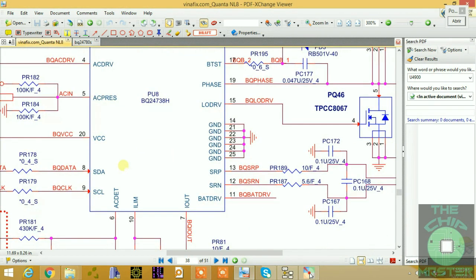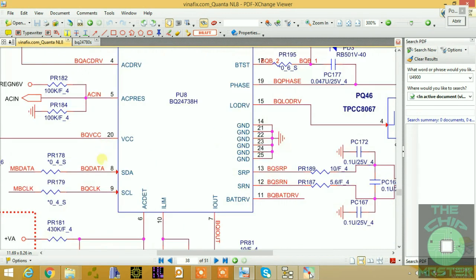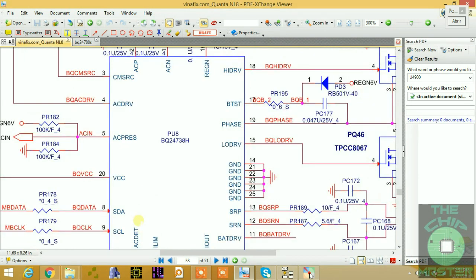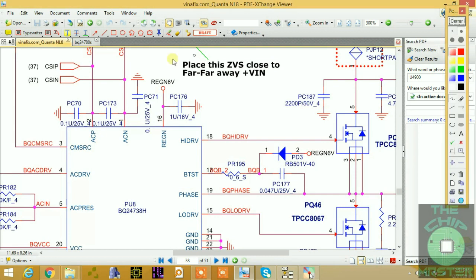Here it is, REGN. So when VCC and AC detect conditions are met, then it will output a linear voltage. This is a linear voltage of 6 volts, and it is named REGN6V.